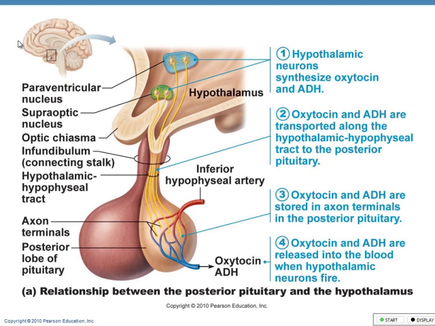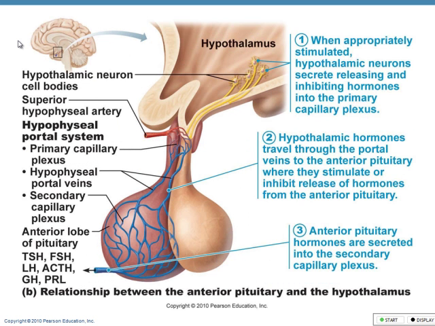Alrighty, so that's the posterior pituitary gland. The anterior pituitary gland is a little bit more busy. The posterior secretes neurohormones from the hypothalamus. The anterior, or adenohypophysis, is actually making its own hormones.